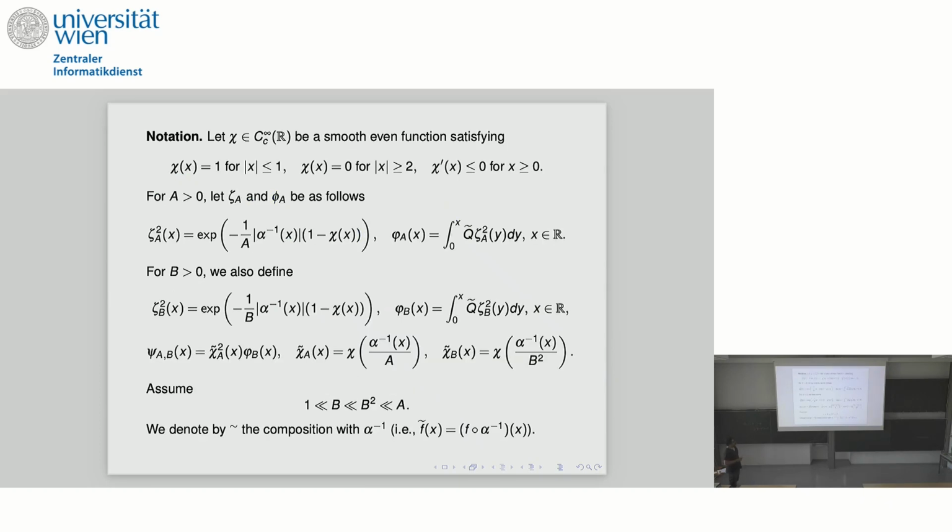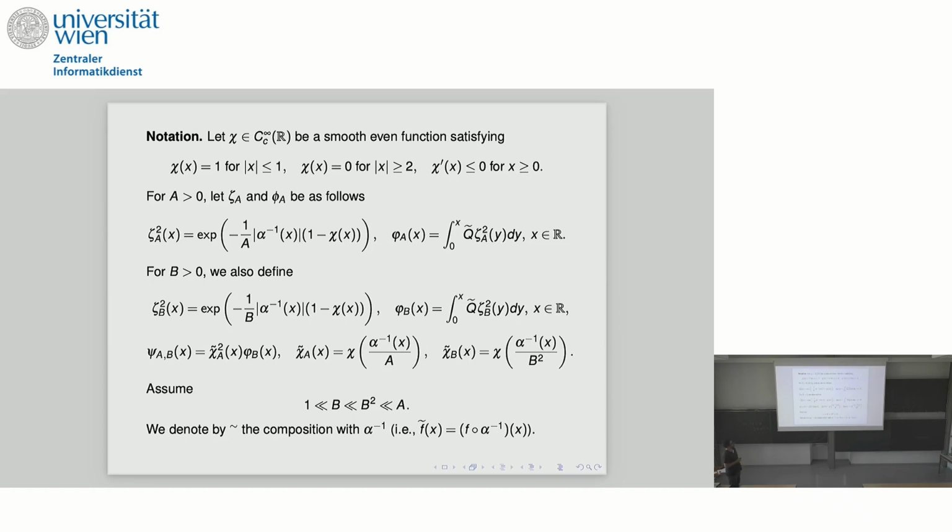Okay, so this is the only technical slide of the talk. For people working in asymptotic stability, this is standard. These are the weights that you use for computing virial estimates. I only write this to mention that everything here should be composed with alpha minus 1.